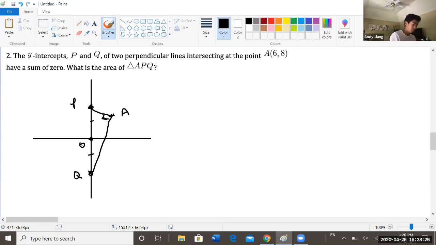And actually, we've seen this diagram before. This triangle lies on a circle. So if I drew the circle with center O going through P and Q, then A would actually lie on it, and that's because this is a right angle.